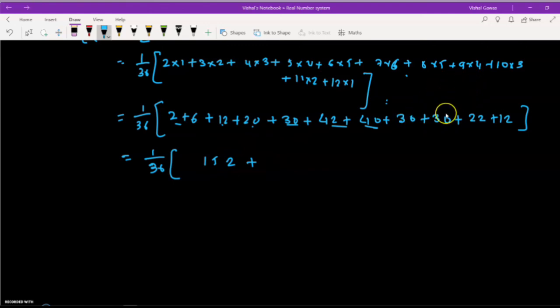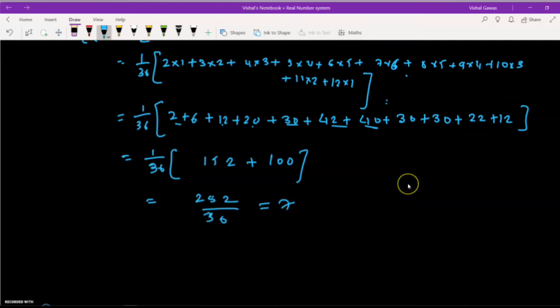This has to be 36, so this would be 66, and this would be 22, that would be 88, 100. So this comes out to be 252 over 36 if I'm not wrong, which is equal to 7.